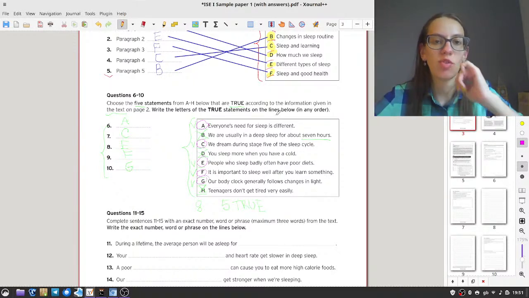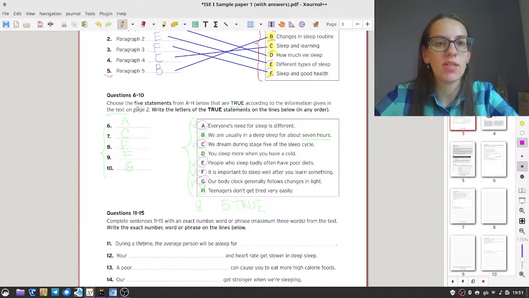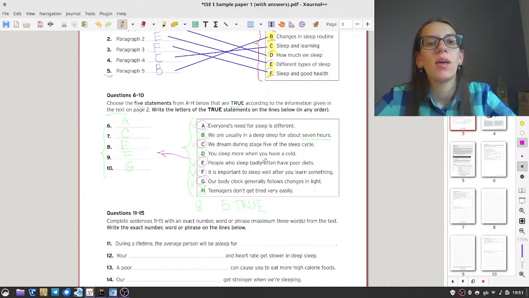So we found 5 correct statements, and the ones that we like, we just put them here in our answers. A, C, E, F, G.